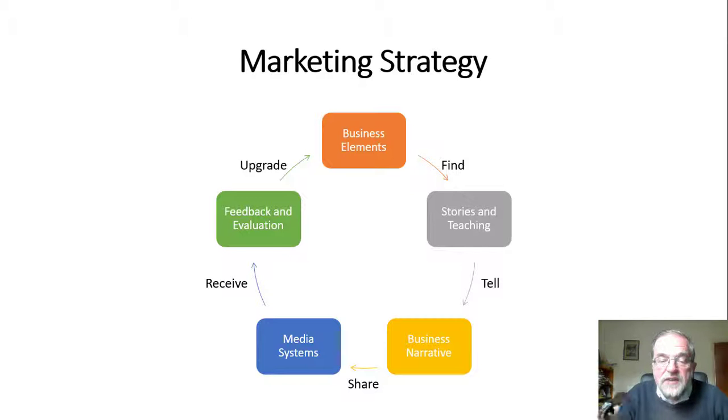You learn how to tell those stories, and they become a part of your business narrative, which you can share using media. And learning how to use those media systems effectively, how to automate, is really important. As a result of that, you receive feedback, and therefore you can evaluate, which enables you to upgrade your business elements. And that is basically it.